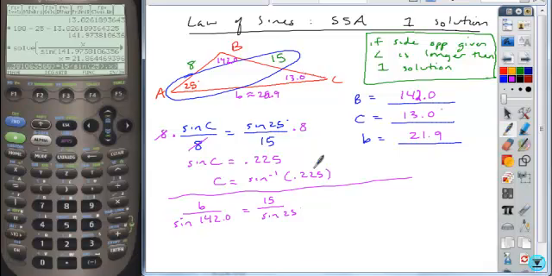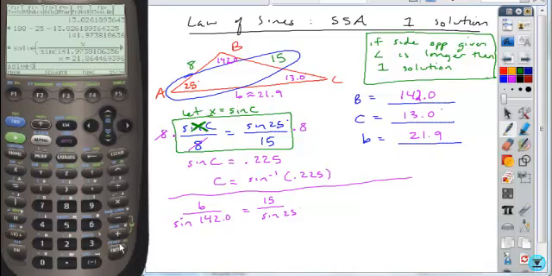What you would basically do is let x represent the entire trig ratio, not just the variable, but the whole thing. And so if you let this whole thing be represented by x, you could then use the solve feature, and you could say solve x over 8 equals sine of 25 over 15, solve for x.